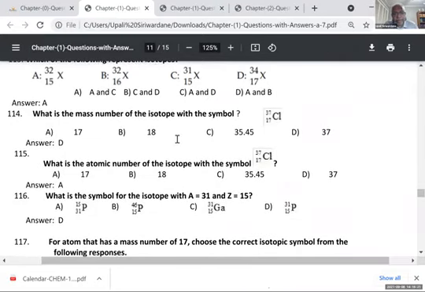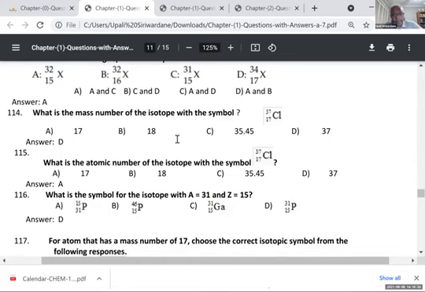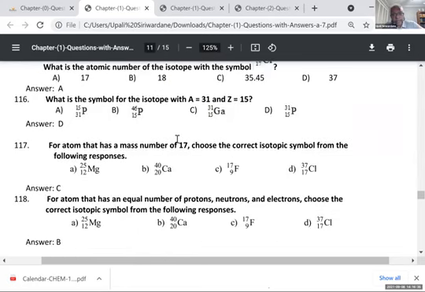Number 115. What is the atomic number of an isotope with symbol? Atomic number is given. You can look up in the periodic table for chlorine, it is 17. Number 117. For the atom that has a mass number of 17, choose the correct isotopic symbol from the following responses.